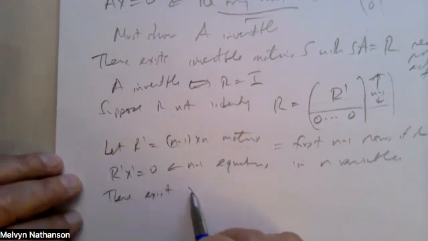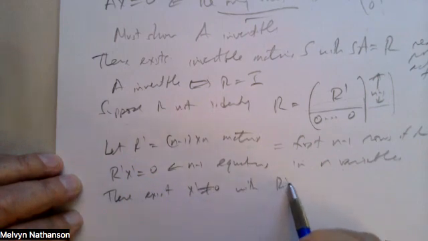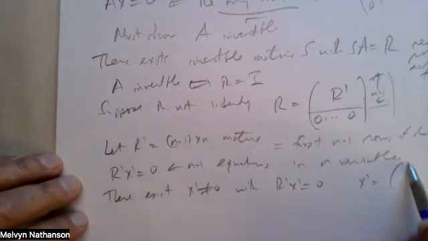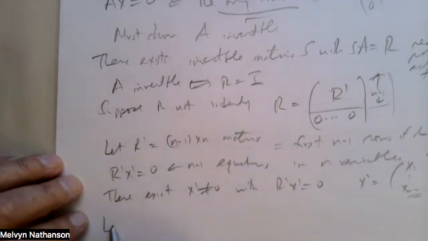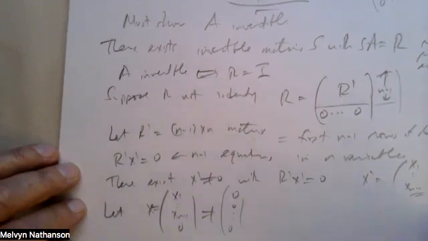So there exists x prime not equal to 0 with R prime x prime equals 0. x prime has dimension n minus 1. Suppose I let x be x prime, adding a 0. So this is not the 0 vector, since x prime is not 0.